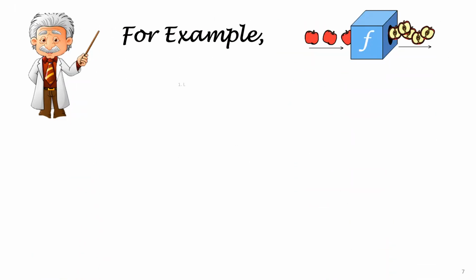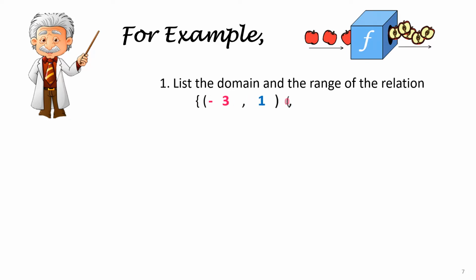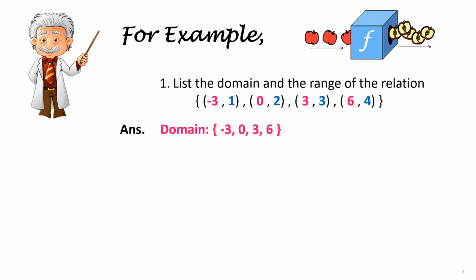For example, number 1, list the domain and the range of a relation for the given set of ordered pairs. So our answer is the domain, or the x values. As you can see, the domain is -3, 0, 3, and 6. On the other hand, the values of our range are the y values, or 1, 2, 3, and 4.